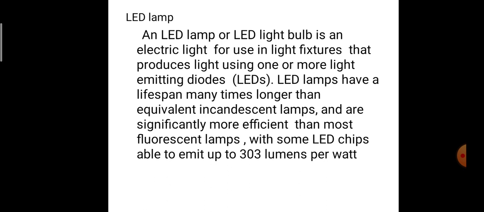LED lamps have a lifespan many times longer than equivalent incandescent lamps and are significantly more efficient than most fluorescent lamps, with some LED chips able to emit up to 303 lumens per watt.